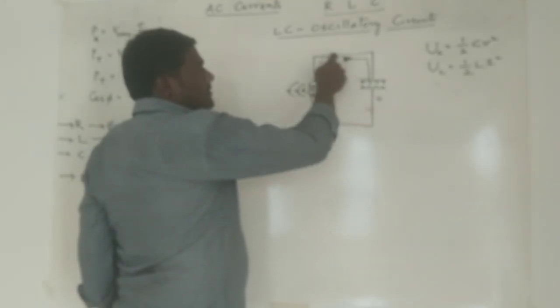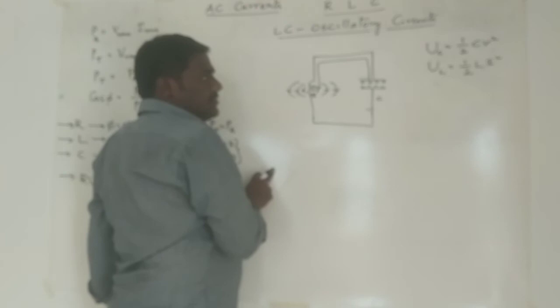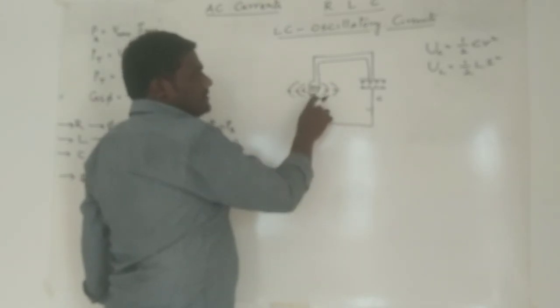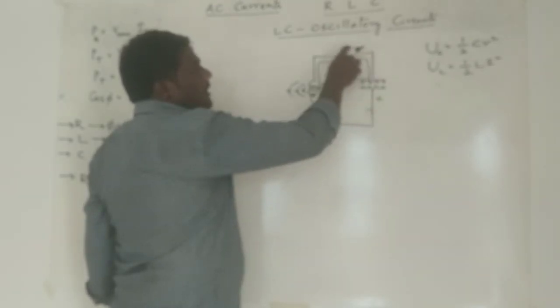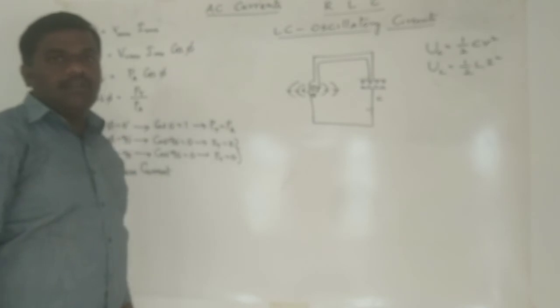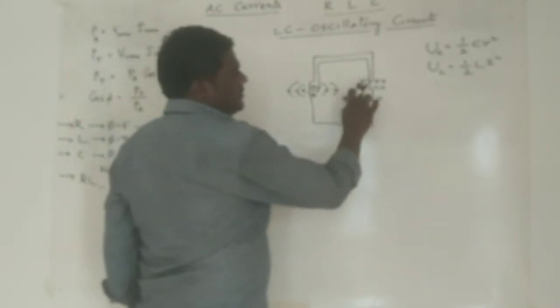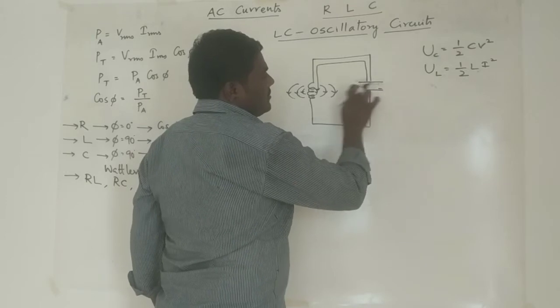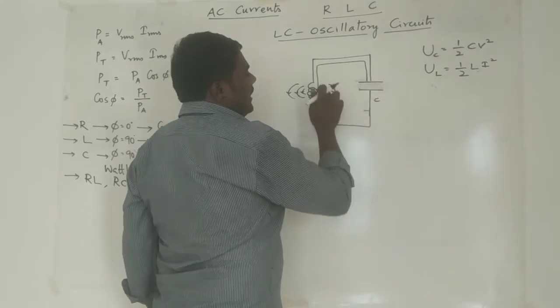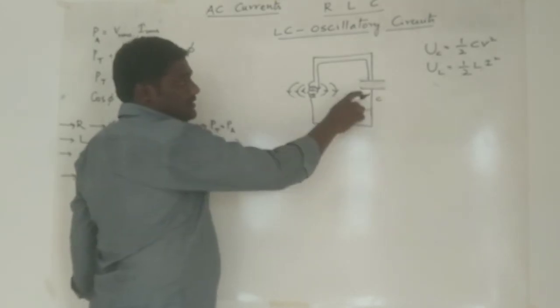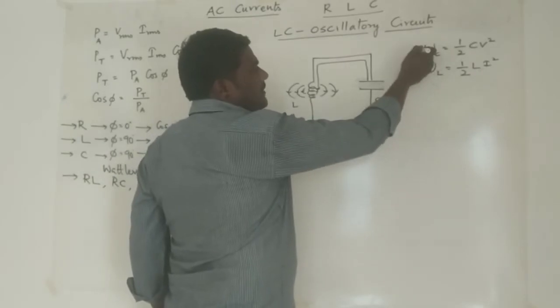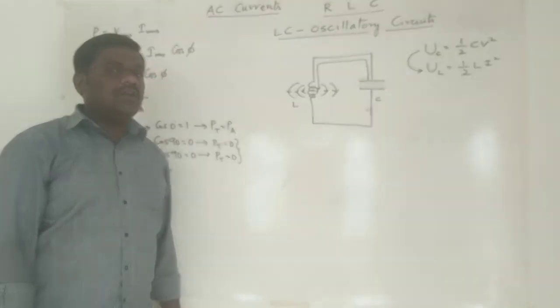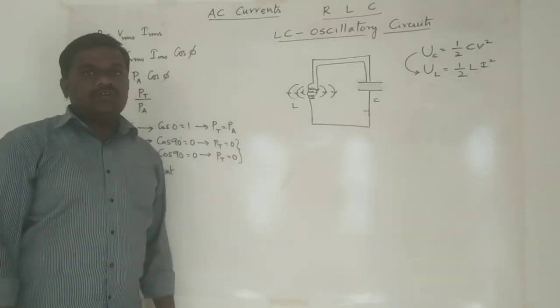So when the capacitor starts discharging, the energy in the form of current will start producing a magnetic flux until the capacitor gets completely discharged. When the capacitor is fully discharged, the charges vanish and the total electric energy available across the capacitor is stored in the form of magnetic energy. Means this energy converts into magnetic energy across the inductor. So this is the first step.